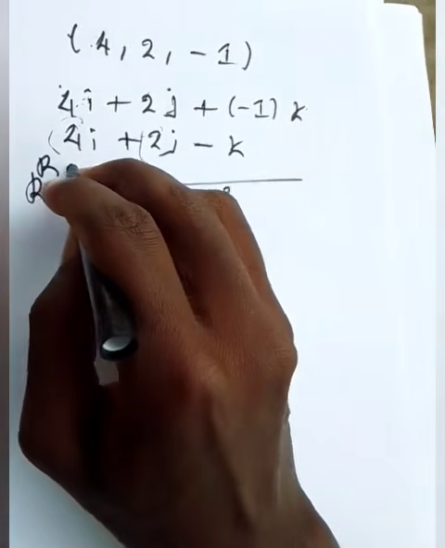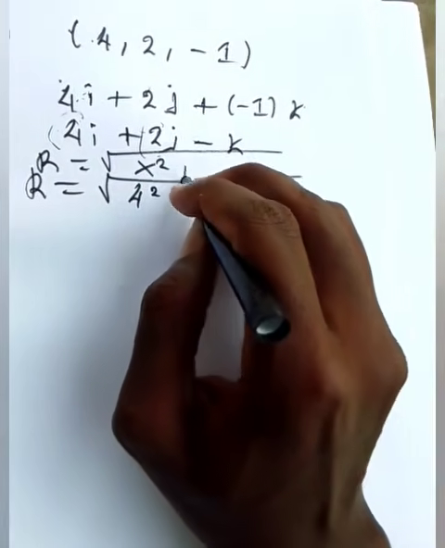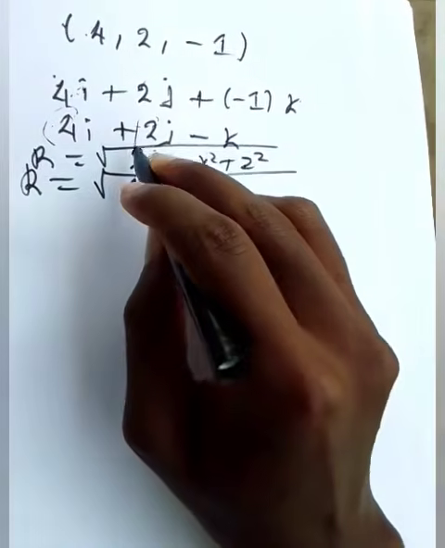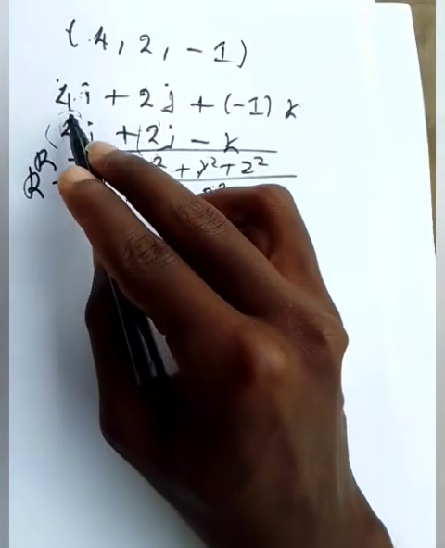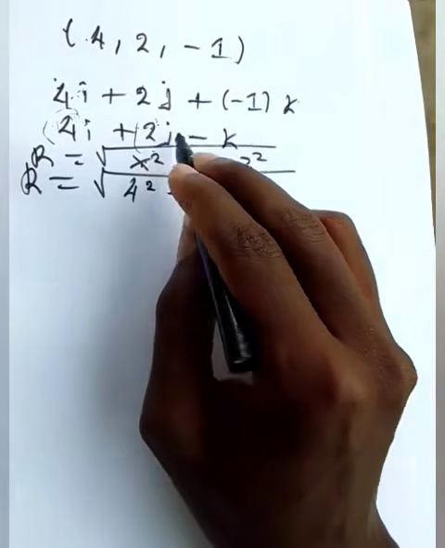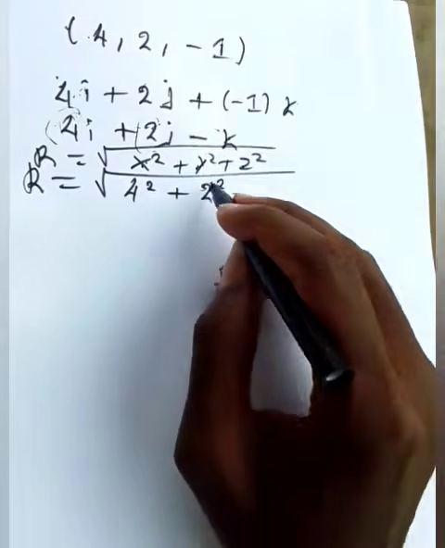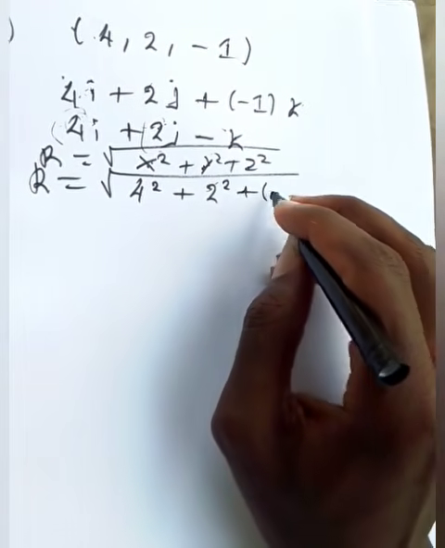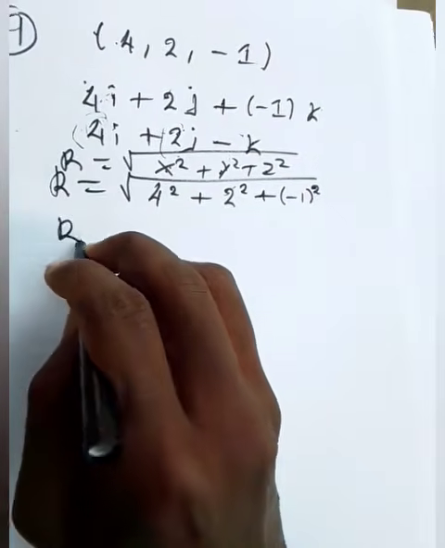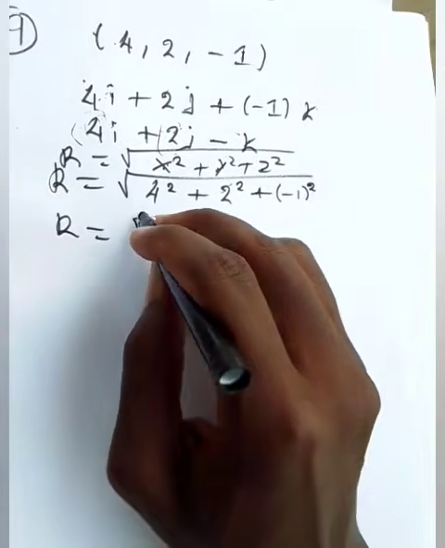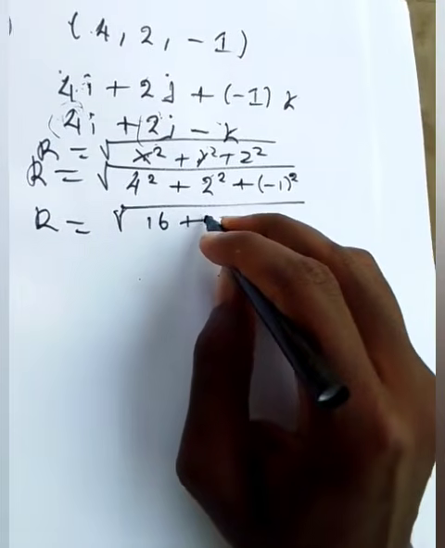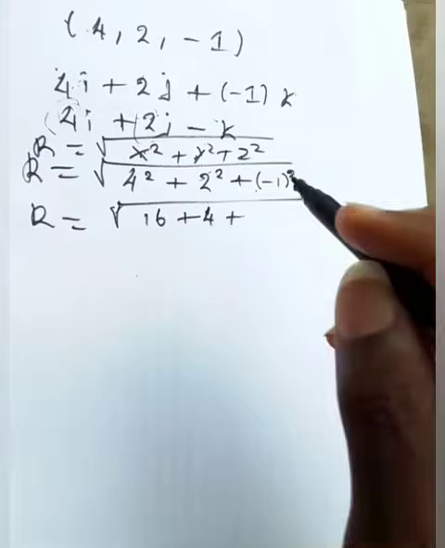Remember the formula, r is equal to the square root of x power 2 plus y power 2 plus z power 2, where these are the coefficients, or simply the numbers coming in front of i, in front of j, in front of k, which is negative 1. So continue, plus negative 1, negative 1 power 2. So r is going to be equal to, let's simplify this. 4 power 2 is simply 16, plus 2 power 2 is simply 4. This one is just going to give you 1.